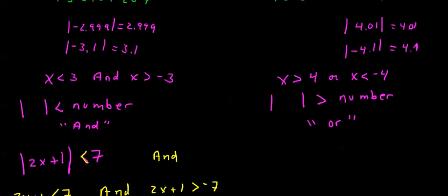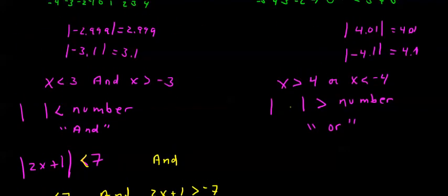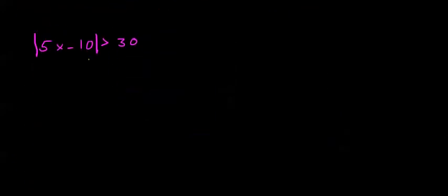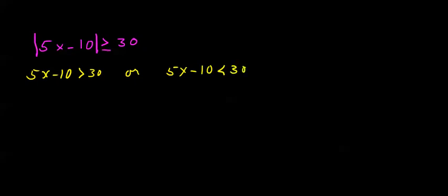Now it's greater than. And greater than uses an or. If it's greater than, it uses an or. So we have 5x minus 10 is greater than 30, or 5x minus 10 is less than 30. And just for the heck of it, we'll make this equals.